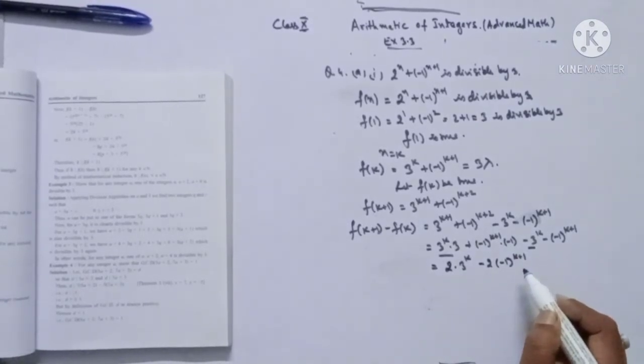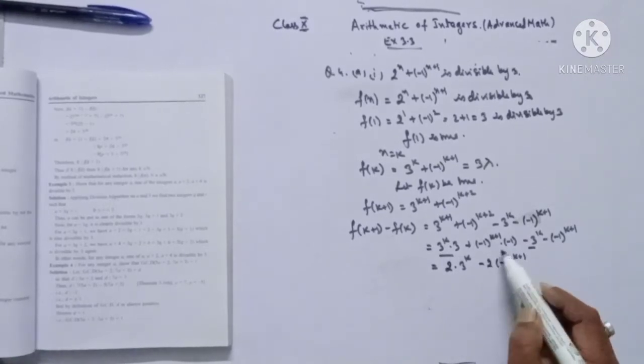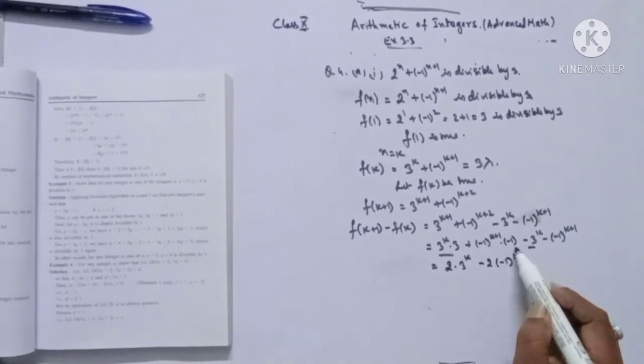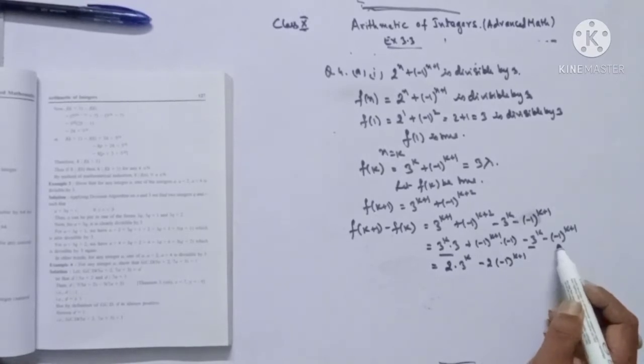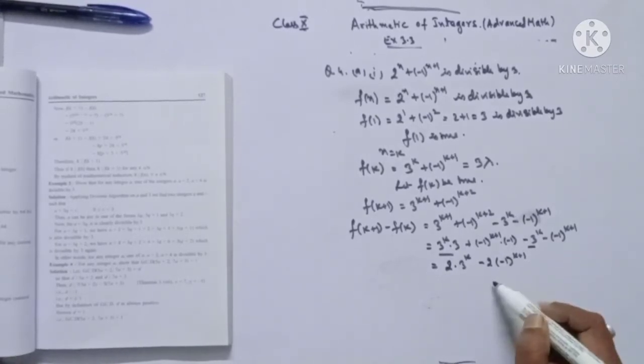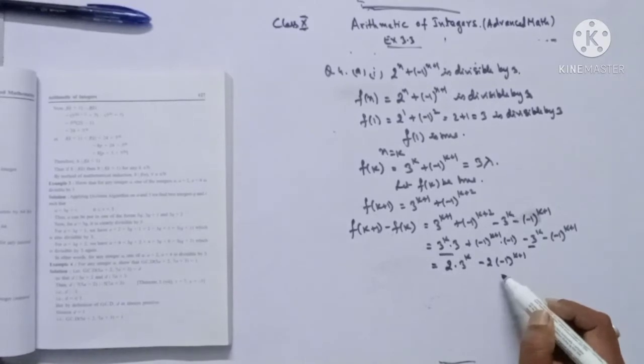So here I have a problem, that it has come to be minus, because this is minus 1. So minus minus this becomes minus 2.